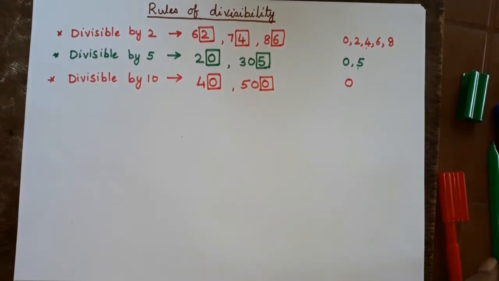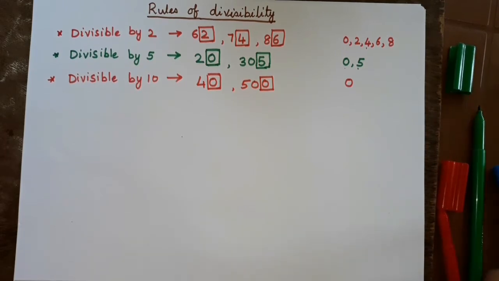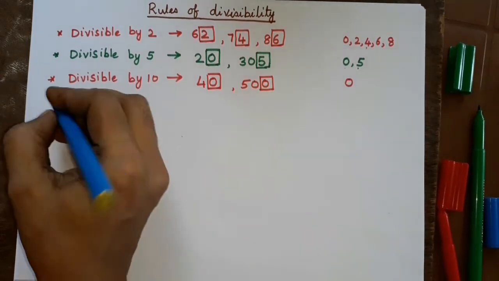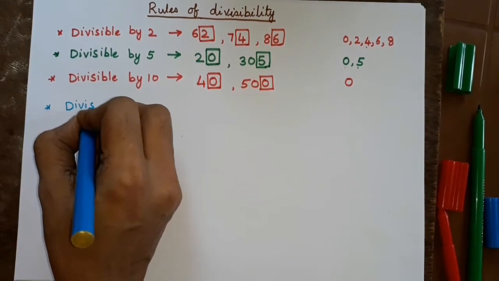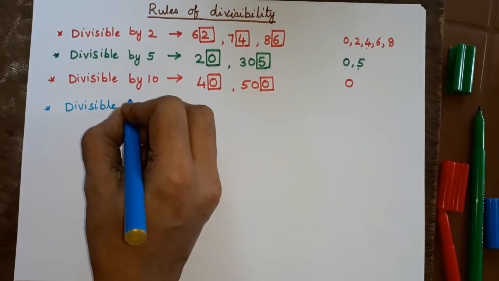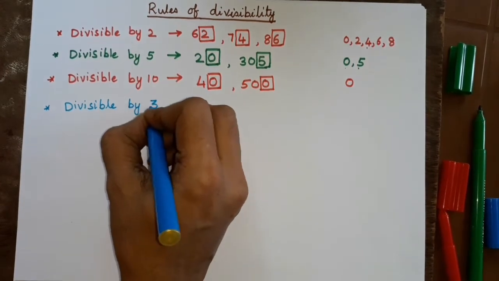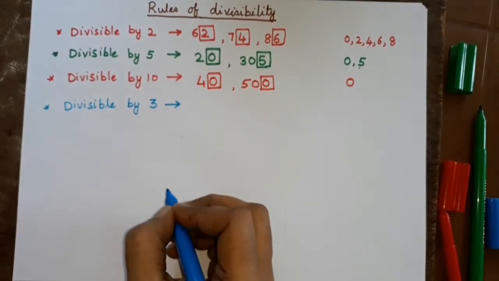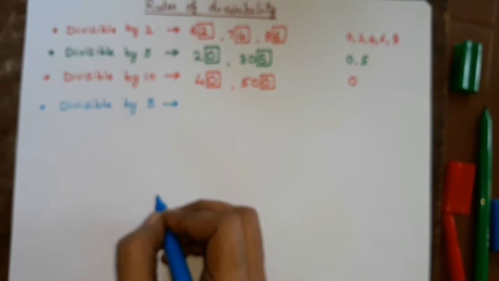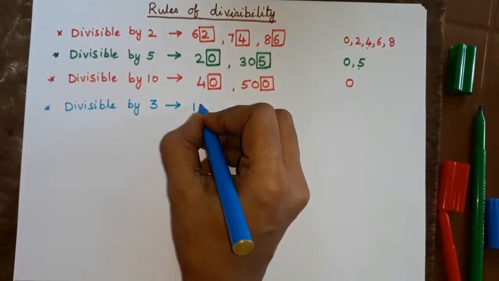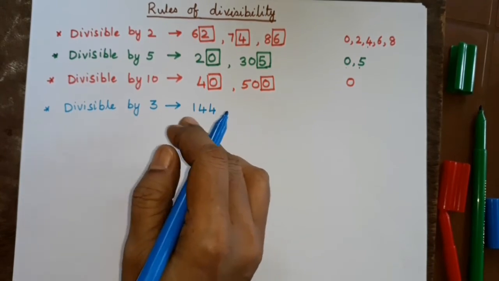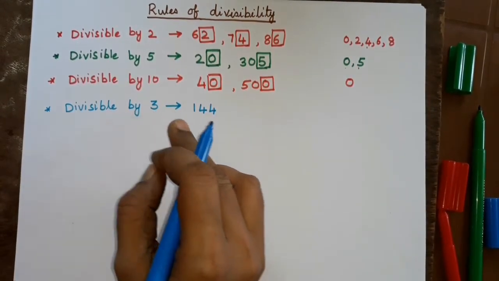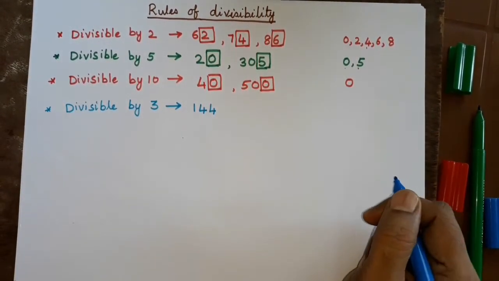Now next we have to check the divisibility by 3. How will we check? Say for example 144 is given and we have to check whether it is divisible by 3 without actually dividing.